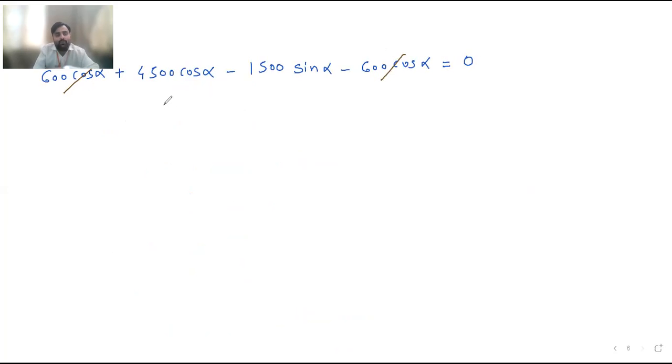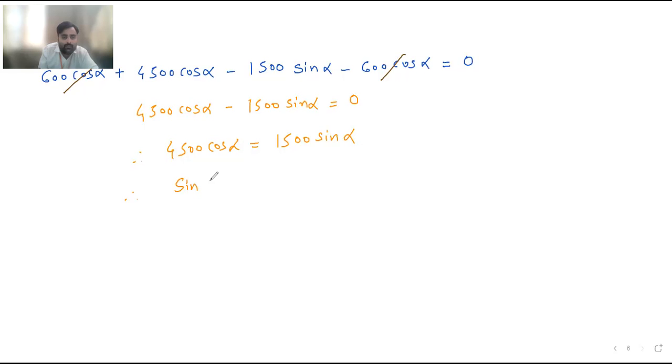So next line what we will get? It is 4500 cos of alpha minus 1500 sin of alpha is equal to 0. Therefore 4500 cos alpha is equal to 1500 sin of alpha.